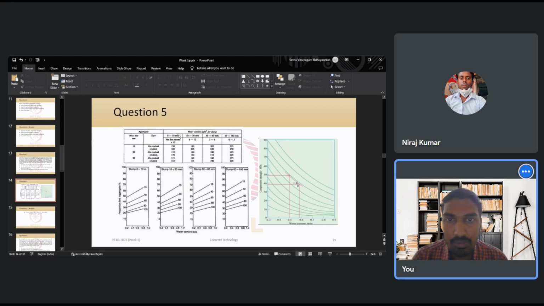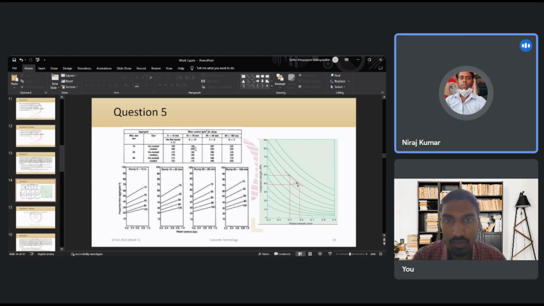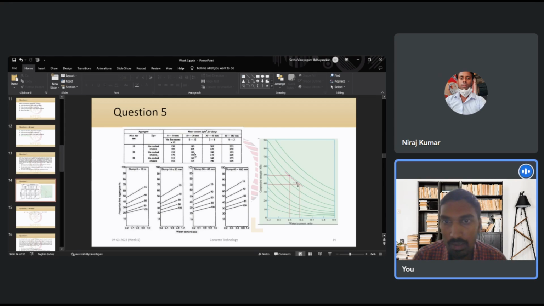If you look, there are different slump values given: 0 to 10 mm, 10 to 30, 30 to 60, and 60 to 180. Ours is 25 mm, which falls in the 10 to 30 mm range, right? So we need to look at the second column here, and based on the type of aggregate, 20 mm MSA and crushed, for a 10 to 30 mm slump, the water requirement is 190 kilograms per meter cube, right?